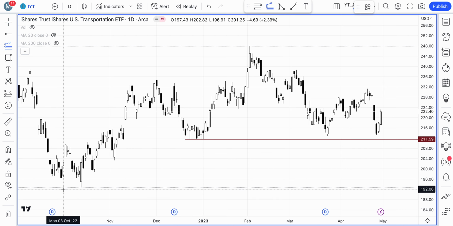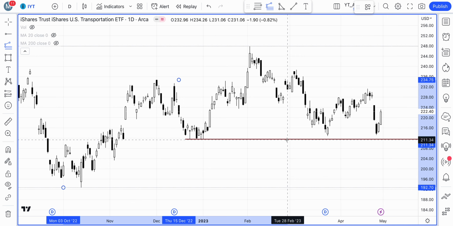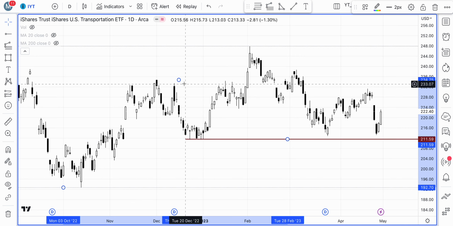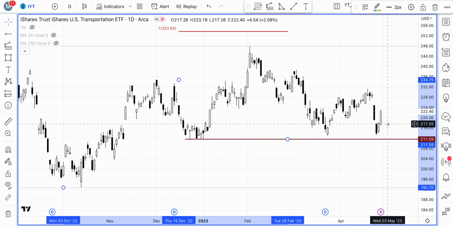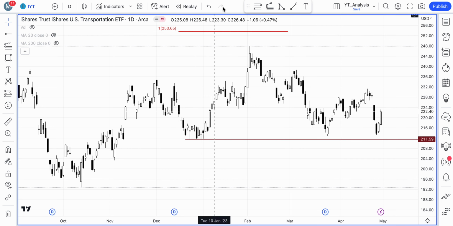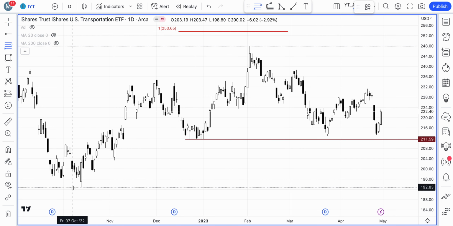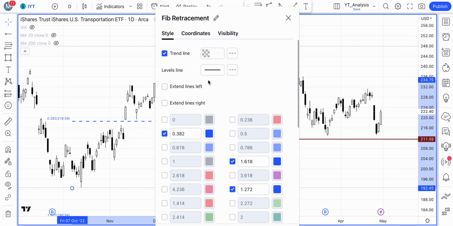Let's see quickly in terms of the ABCD. Have this here. There we go. 253, that was the ABCD in terms of this retracement level. Let's take a look at what this retracement level is.